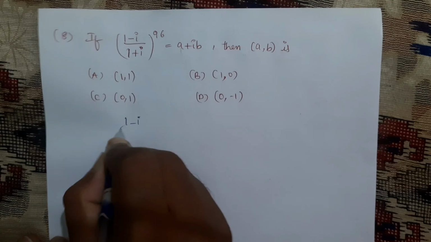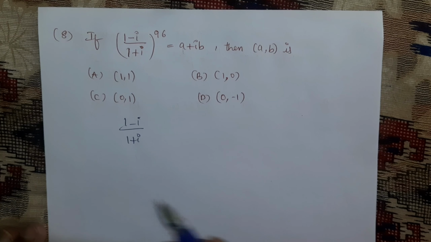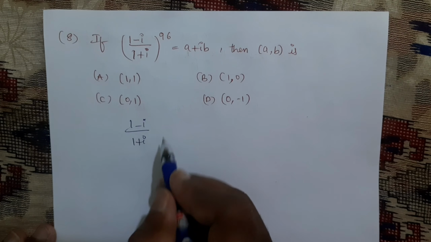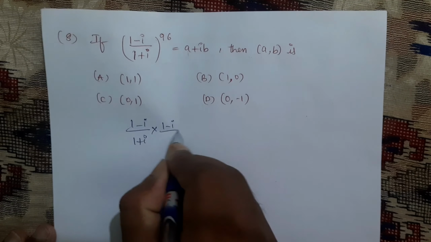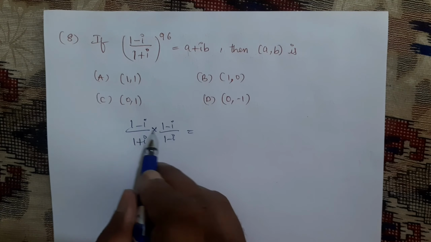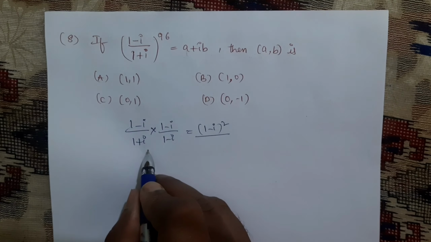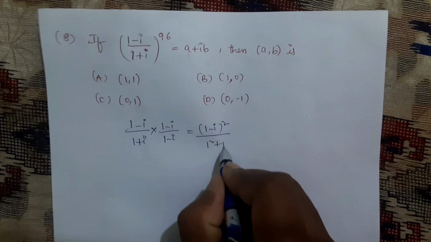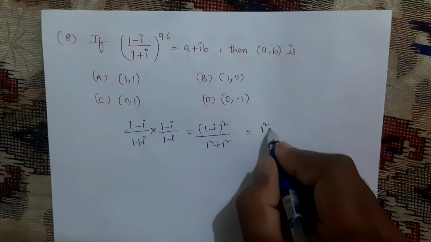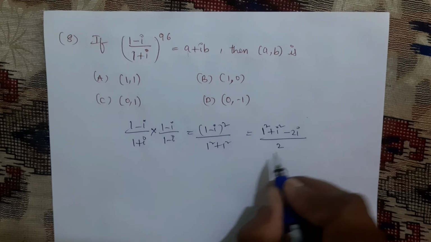Whenever we have i in the denominator, we need to eliminate it by multiplying with the conjugate, nothing but 1 minus i by 1 minus i. Here 1 minus i into 1 minus i, nothing but 1 minus i whole square, divided by 1 plus i into 1 minus i, nothing but 1 square plus 1 square. Here 1 minus i whole square expands to 1 square plus i square minus 2i, divided by 1 plus 1, 2.